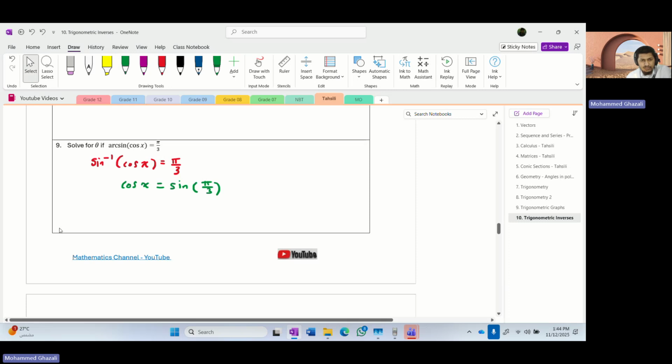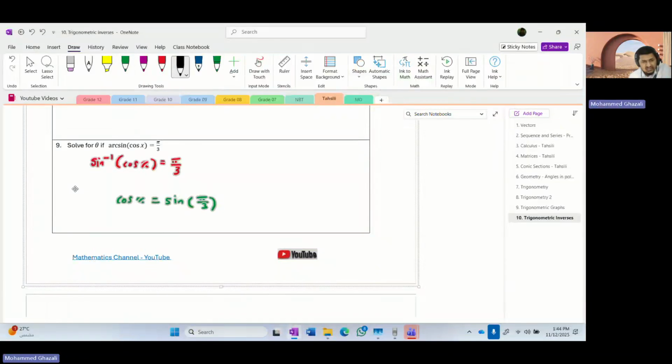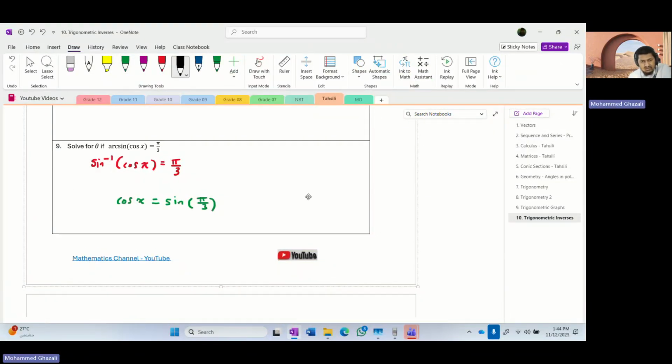So we put sine on both sides: sine of sine inverse cos x is equal to sine of pi by 3.